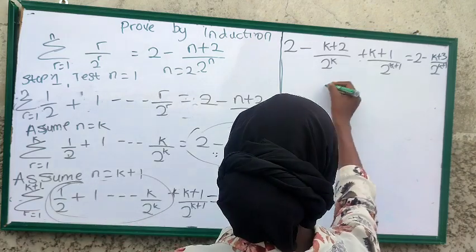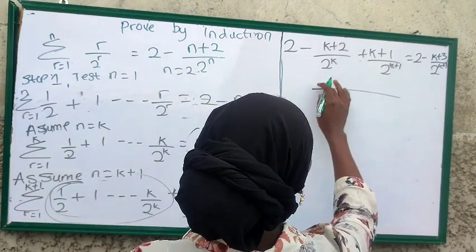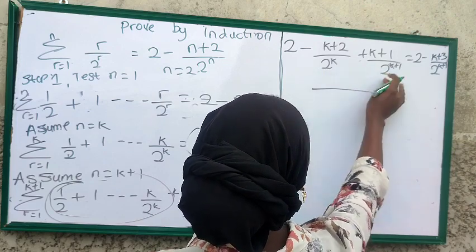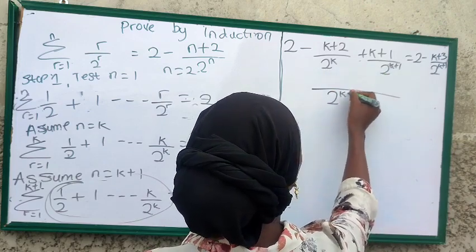Now let's simplify this. The LCM, let's bring this together. The LCM is 2 to the power of k plus 1.